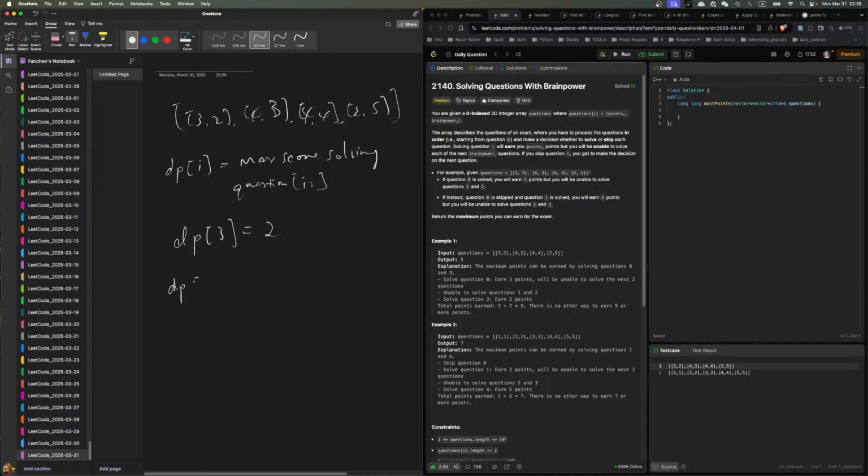Now dp[2] can either be I solve myself, so it will be 4 plus dp. We cannot solve the next 4, so it'll be dp[6], right? So it's 2 plus 4. 0, 1, 2.